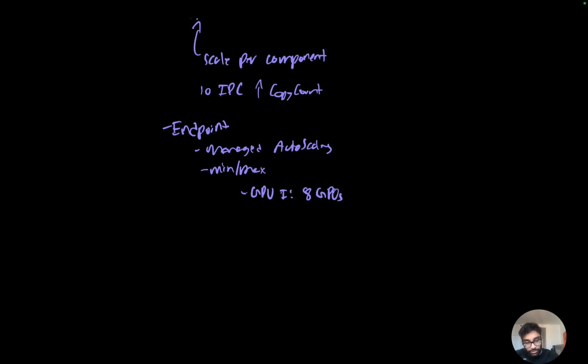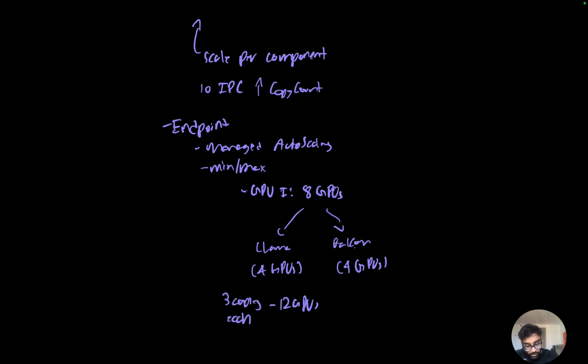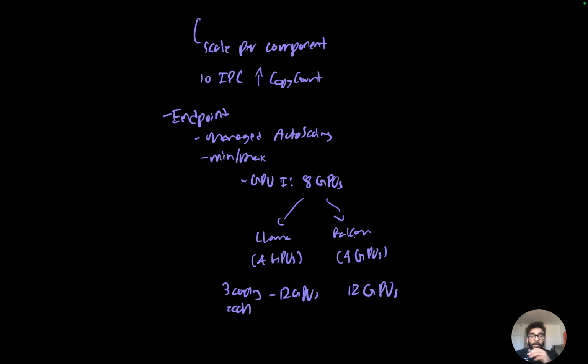And then with these 8 GPUs, let's say we have 2 different models, Llama and maybe Falcon. I might just be making up the numbers here in terms of requirements. And each one needs 4 GPUs per copy. And you enable scaling for each of these to scale up to 3 copies each. 3 copies each at full scale out means there's 12 GPUs each, potentially, if both thresholds are hit at the same time for auto scaling being triggered.